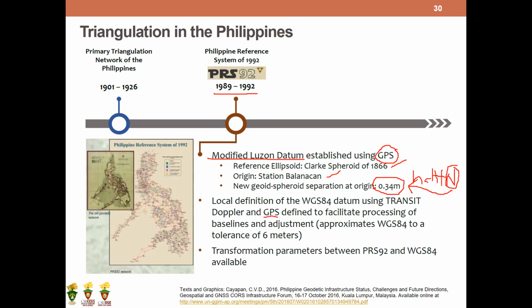So, ang iyang output is from WGS84. So, it was then processed and adjusted so that it will fit to Philippine references. Transformation parameters between PRS-92 and WGS-84 are available. So, in this time, sa PRS-92, available na itong kanang transformation from WGS to PRS and PRS to WGS and vice versa.